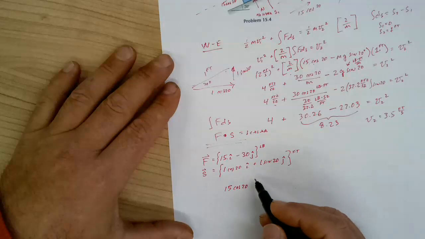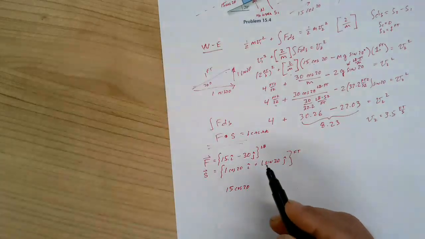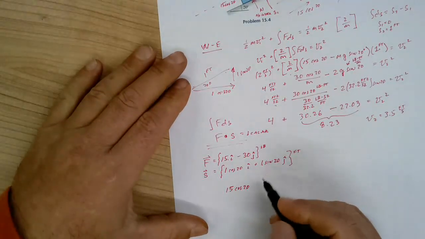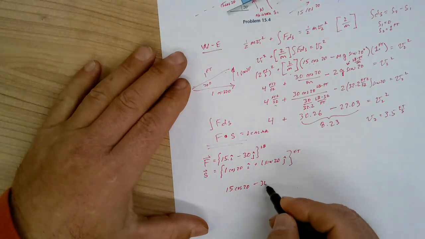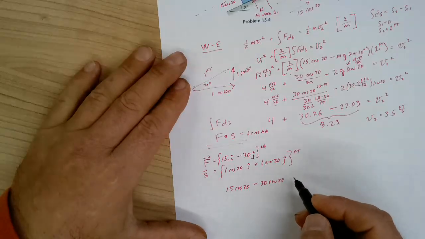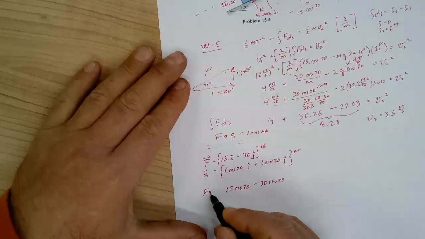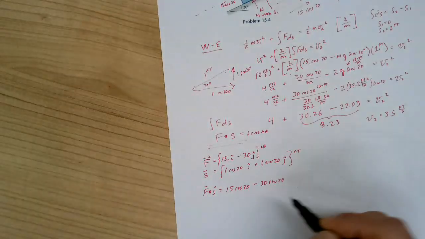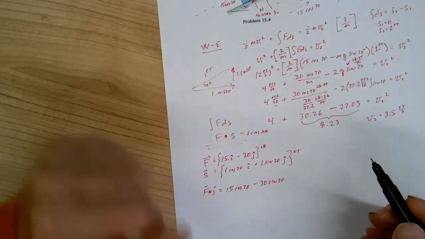So 15 cosine 20, and then the sum of the next terms, which is minus 30 times 1 times sine 20. That's the work done to it.